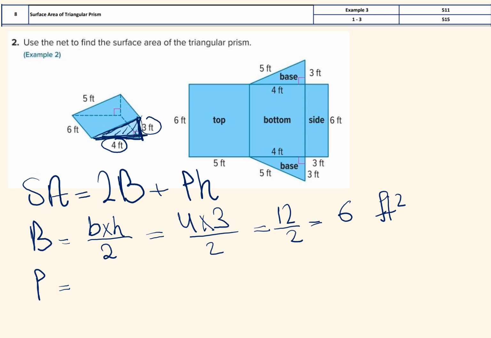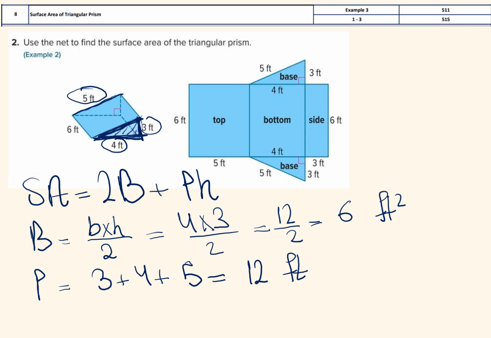What about that side? If you just focus here, you will find that this side is 5. So I will add all these sides, since this is the definition of perimeter, to add all the sides around the shape. 3 plus 4 plus 5. The answer is going to be 12. 12 feet.